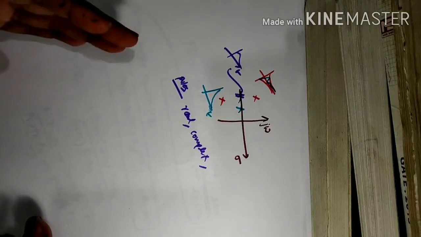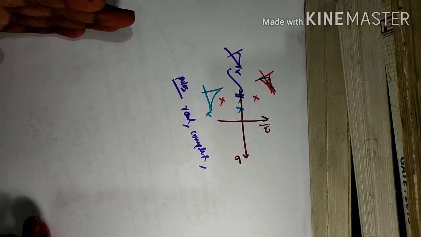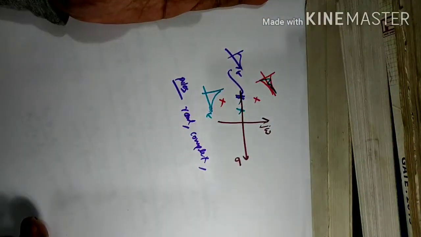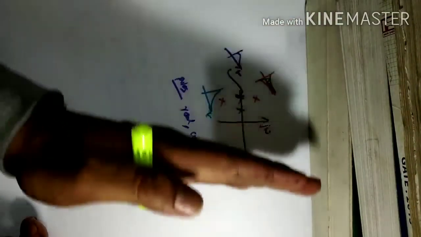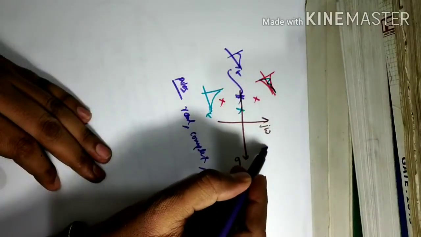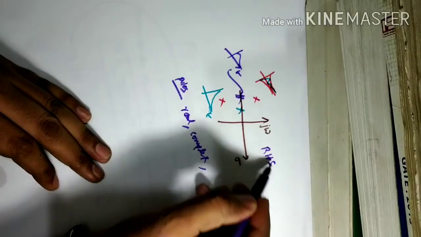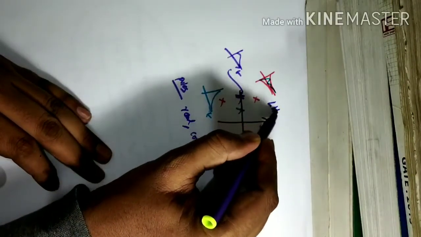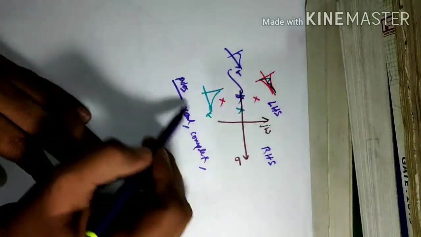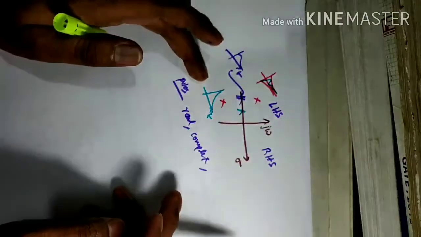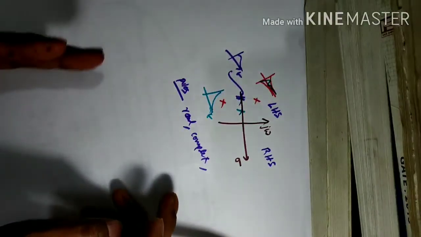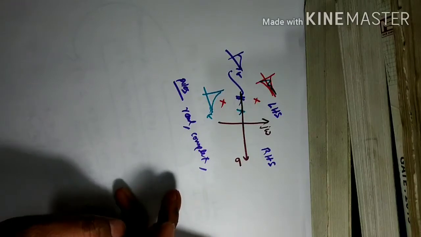It means for a stable system, the poles lie in the left half of the S plane, not on the right side. This portion is the right half and this is the left half of the S plane. For a stable system, all the poles lie in the left half of the S plane.